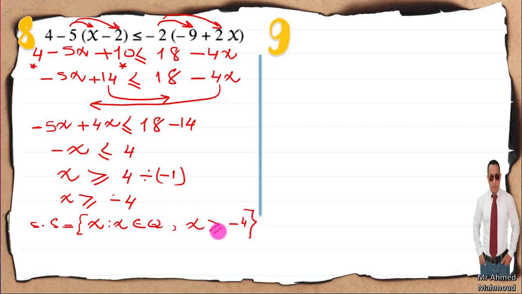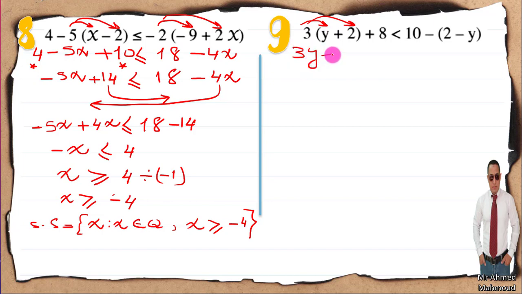Now number 9. 3 open bracket y plus 2 close bracket, plus 8 less than 10 minus open bracket 2 minus y close bracket. First I'm going to distribute 3. So it will be 3y plus 3 times 2 equals 6, plus 8 less than 10. I'm going to distribute the negative. Negative times 2 equals -2. Negative times negative y equals positive y. Now 6 and 8 are like terms, so I'm going to add them, equals 14.